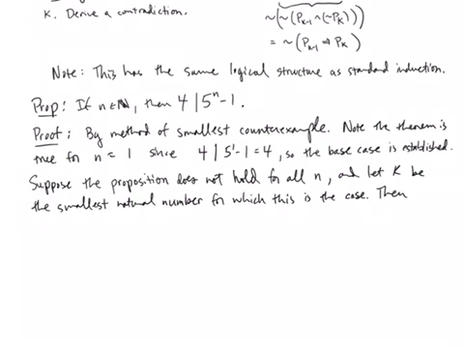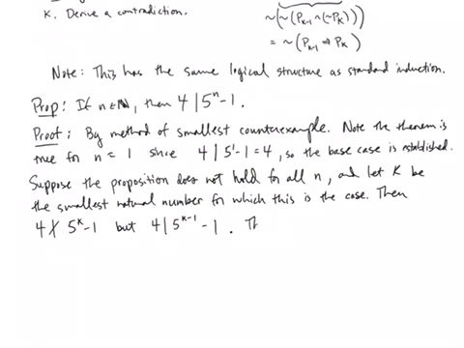Then 4 does not divide 5 to the k minus 1, but 4 does divide 5 to the k minus 1 minus 1. Okay, so the first thing, that 4 does not divide 5 to the k minus 1, doesn't really give us anything, but the second thing does.